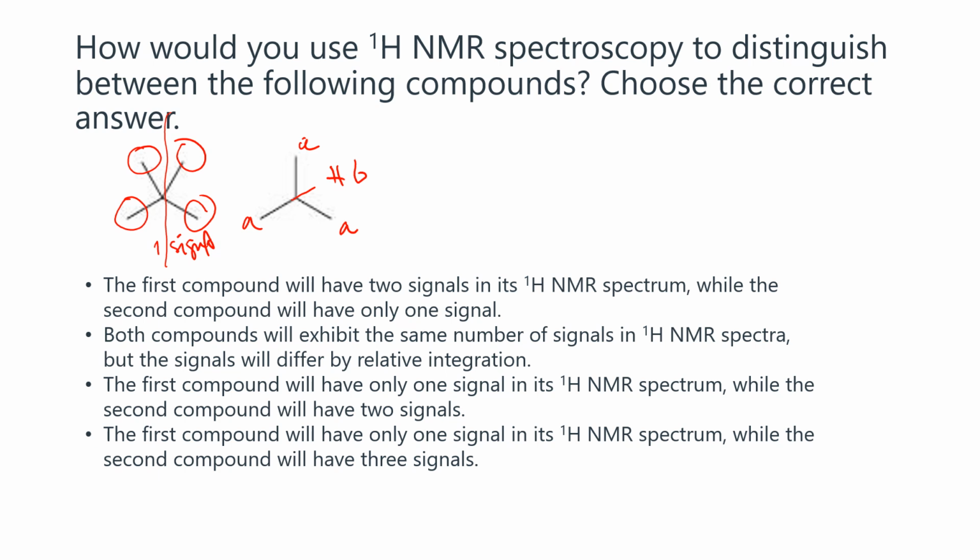Point is that all of those are equivalent, okay? And here you have three methyls, the same. So here you expect two signals, one integrating for 9 H's and the other for 1 only. Okay, so what was that option? First compound, one signal, and the other will have 2. This. One signal, and the other will have 2, so that.